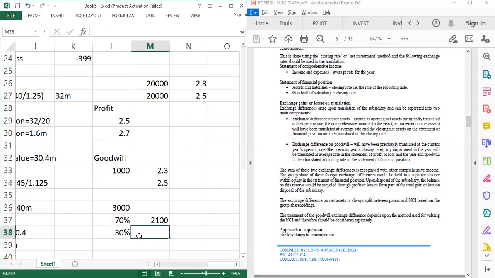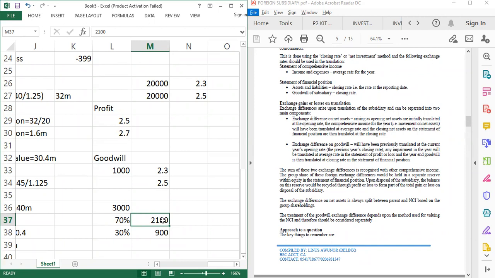And the NCI will be taking what? 900. Don't send this to retained earnings of the parent. Don't send it to group retained earnings of the parent. It will be shown as other reserve or other component of equity in the statement of financial position for the parents.